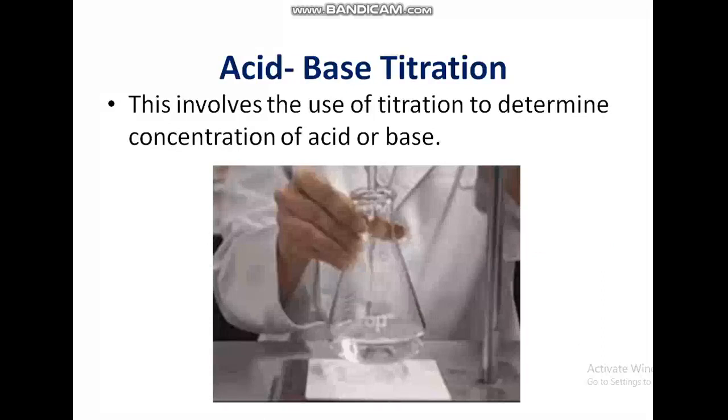In this type of titration, if the concentration of acid is known, then you will be using titration to determine the concentration of base, and vice versa. So it means that if the concentration of acid is known, then the concentration of base is unknown, and vice versa.